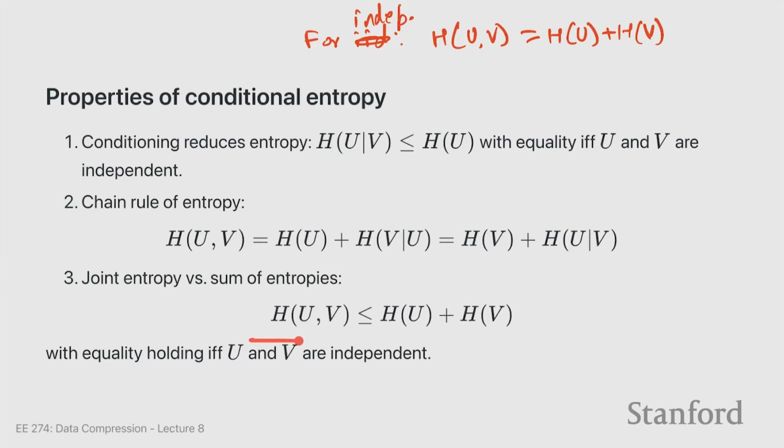And the last thing you see here is saying that the joint entropy of U and V is either equal to or smaller than the sum of the entropies. Let's take an extreme example, right?